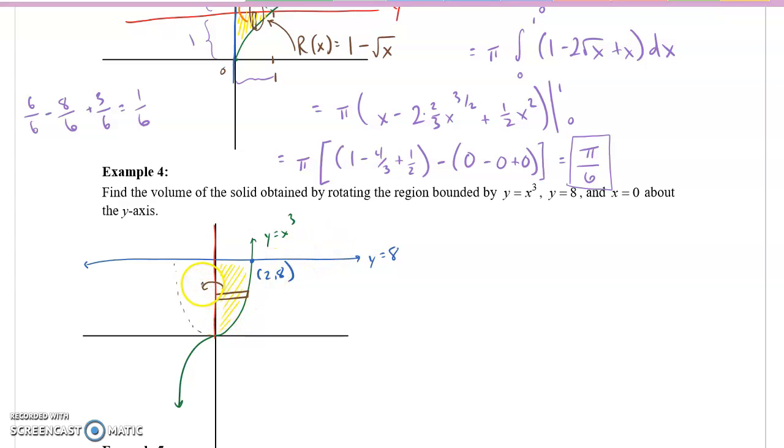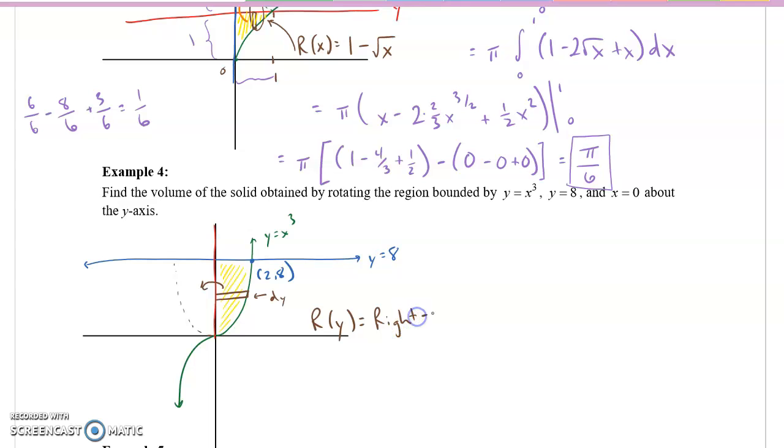So the important thing to remember here is that thickness is no longer a dx, this is now a dy. So we're dealing with a y problem here. We want to know what the radius of the disks are, not as a function of x, but as a function of y. So when we did this before with the area, we remembered, oh, well, if we're going to integrate with respect to y, then we don't do top minus bottom. We do big minus small, which is now right minus left.